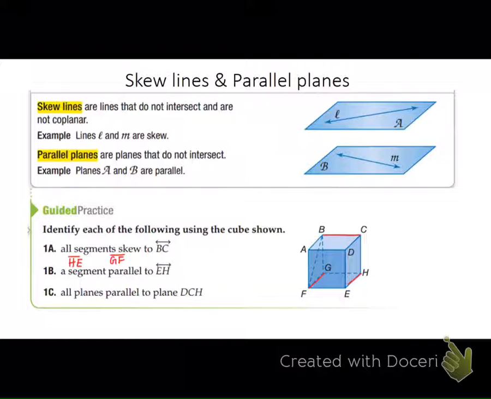Would that be skew? Sure. It would be like the corner of the room there going up and down, and this line here going this way. Would those ever meet? No, one's going up and down and one's going left to right. Those are never going to meet. So AF and DE are skew as well.